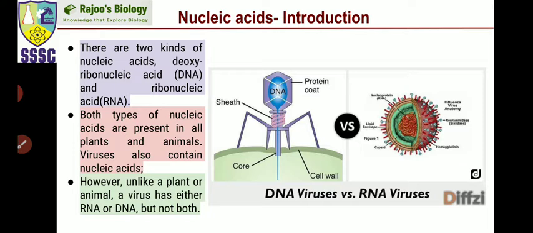As genetic material, viruses are of two types, only DNA virus or only RNA virus. Viruses also have double helix DNA, single stranded DNA, as well as single stranded RNA and double stranded RNA. So these are the differences in the nucleic acid content of viruses versus prokaryotes and eukaryotes.